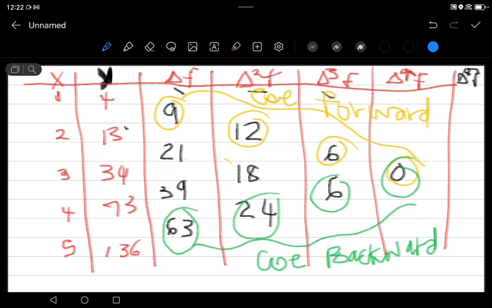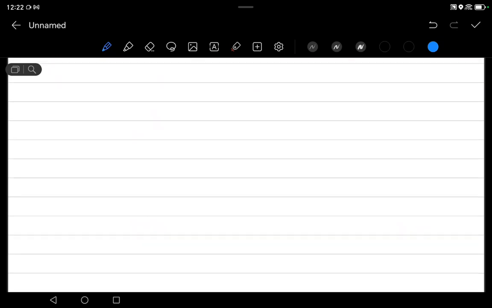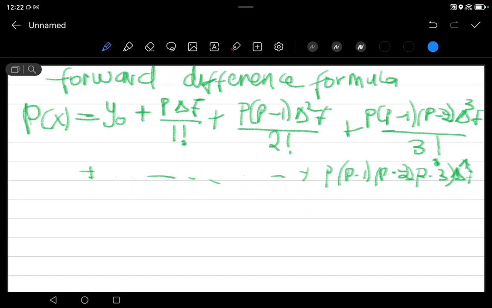So our table ends at change to the power of 4, which means your formula is also going to end at change to the power of 4, over 4 factorial, like this. So this formula is there in the textbook, okay. So y0 is the first value of y.